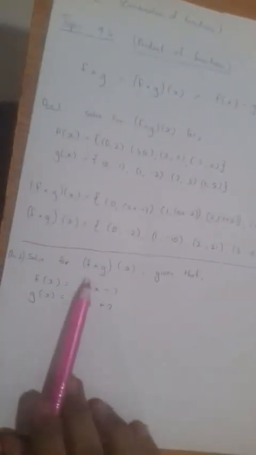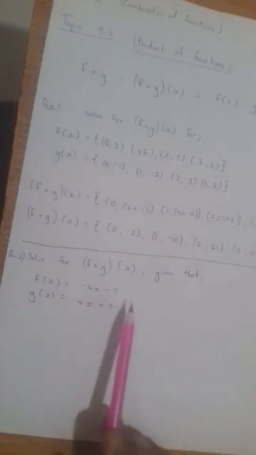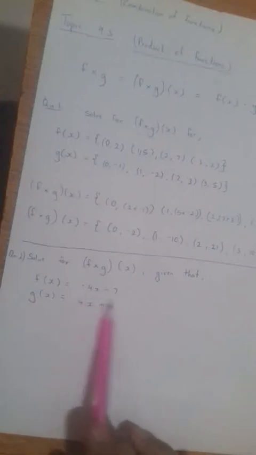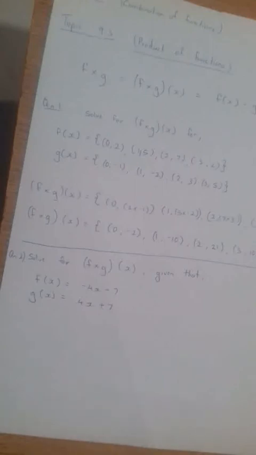Next we're going to see how we solve functions which are more like a linear function. Here we have two functions f and g, and we're going to see how we multiply them. Since we just have one function like this, we're going to multiply them the way we multiply normal equations.